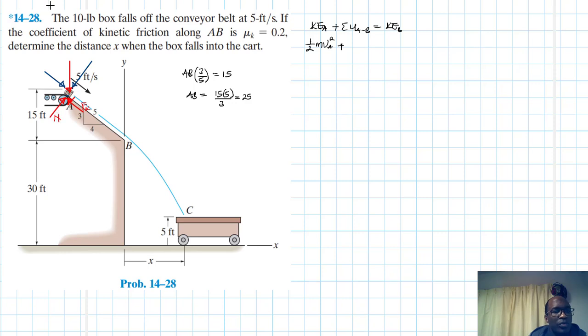Let's call this the normal force. Let's call this W. And then I'll be forced to find this angle. Again, you don't have to find this angle. You can use these triangles, but for a case like this one, I prefer finding an angle.